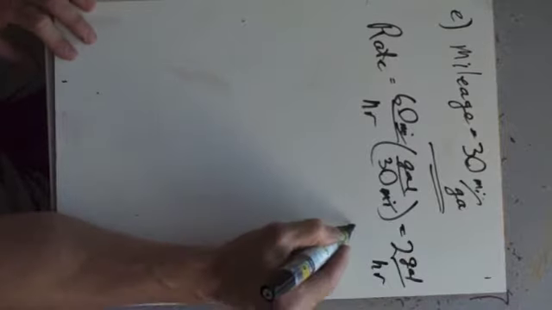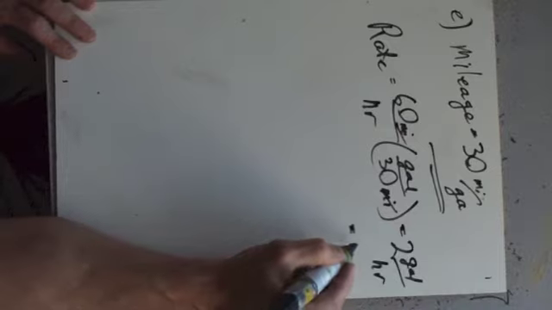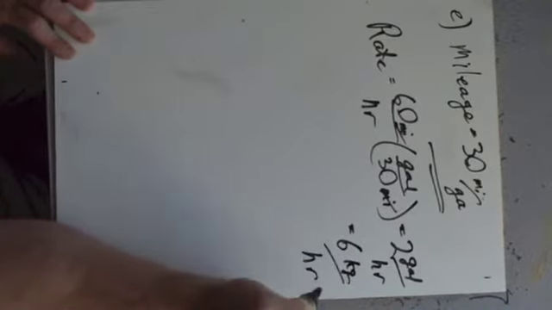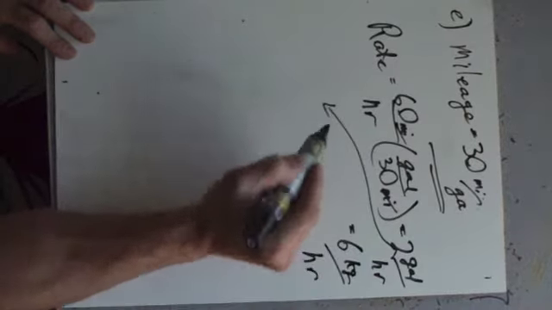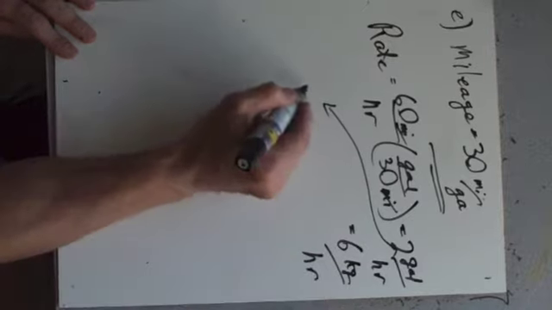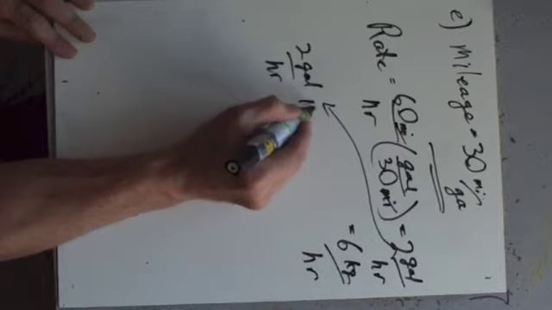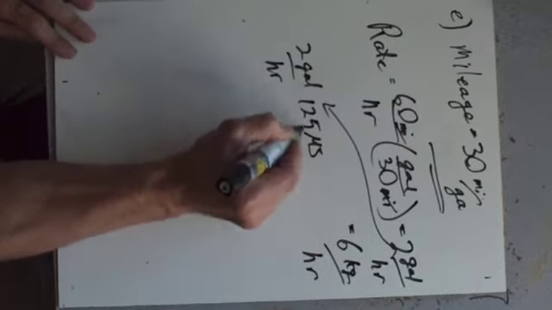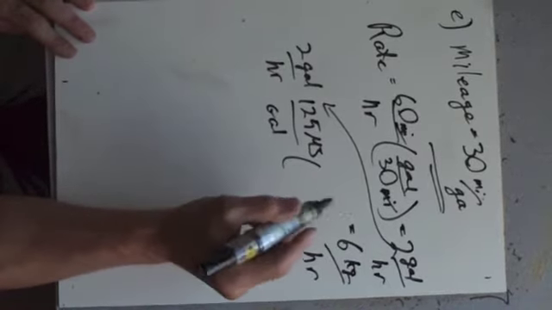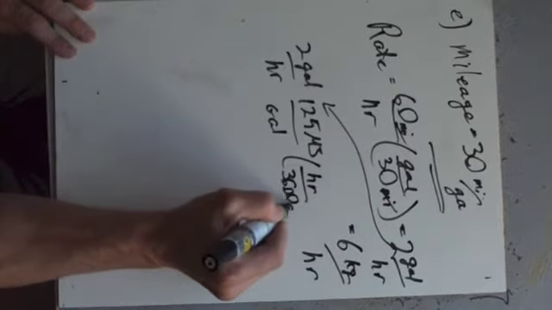Okay, and if gasoline is 3 kilograms per gallon, this is about 6 kilograms per hour. But we can also take this and multiply it by the 125 megajoules per gallon of gas, and also divide by the 3,600 seconds per hour.